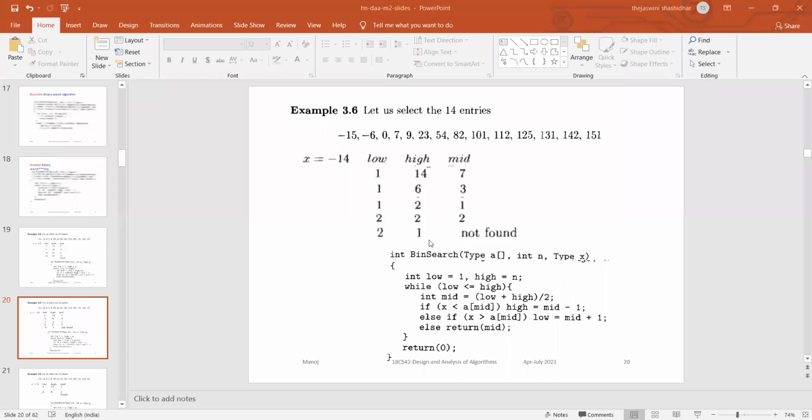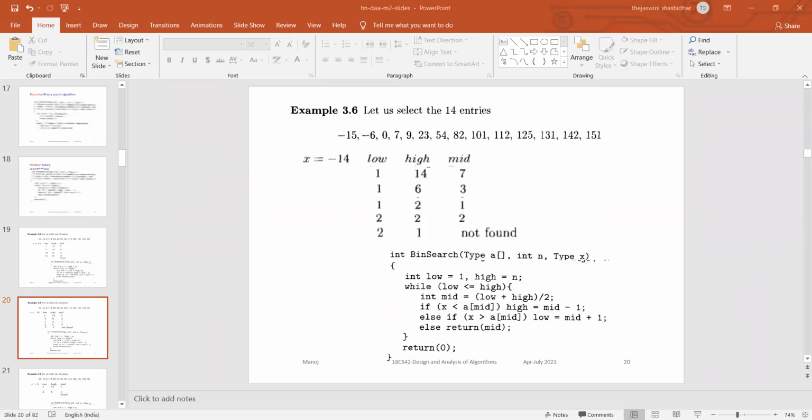Is the condition true or false? The condition is low should be less than or equal to high. But what is low here? 2. What is high here? 1. Is 2 less than or equal to 1?